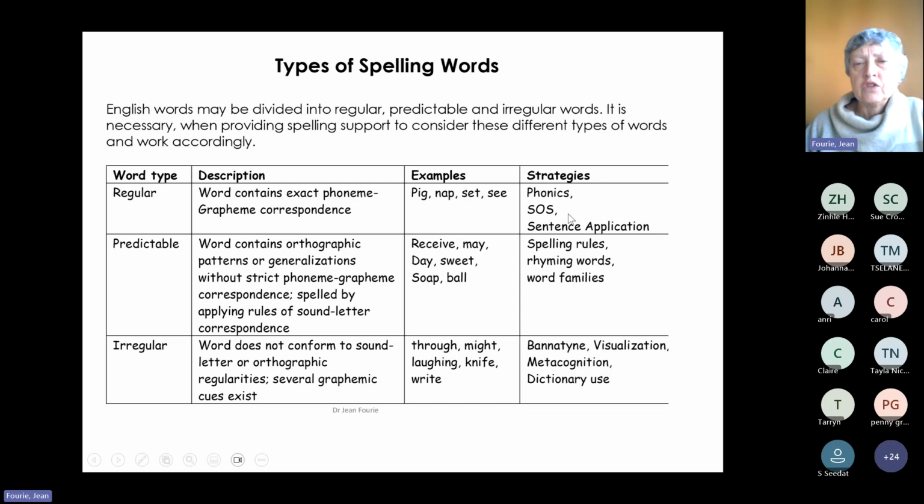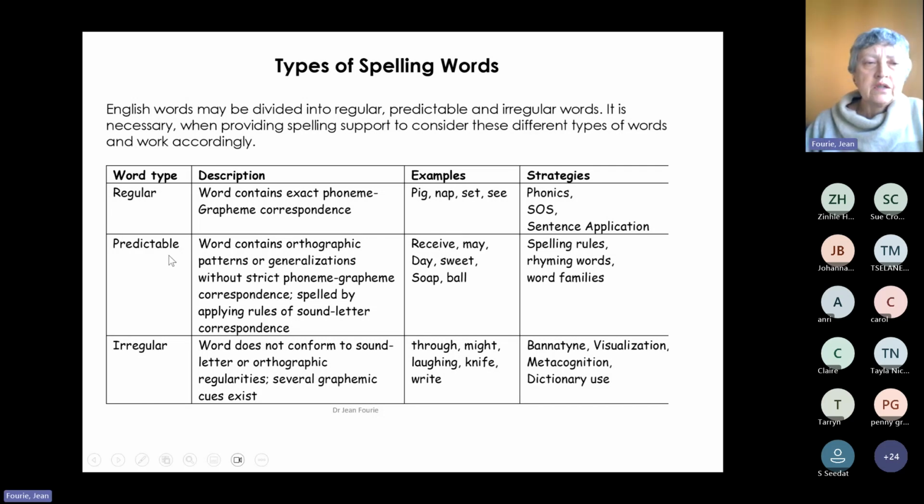Then there's a strategy called SOS, simultaneous oral spelling, which I'm going to explain to you in a minute. And we can use a lot of application of these words in sentences so that it becomes more automatic. So a lot of practicing of writing the words in different sentences assists with the phoneme grapheme correspondence.